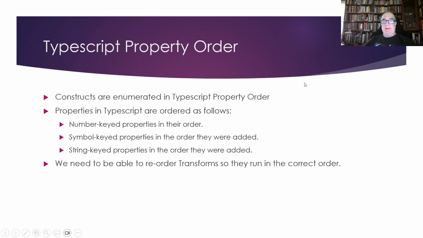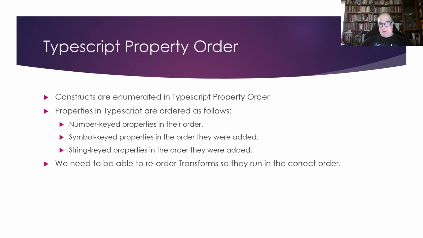Okay, so constructs in the CDK are enumerated in TypeScript property order. And properties in TypeScript are ordered as follows. If you have number keyed properties, such as in an array, then those properties are enumerated in their order, so property 0 will be enumerated before property 1, regardless of the order in which they were added.